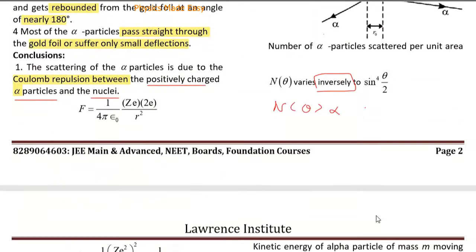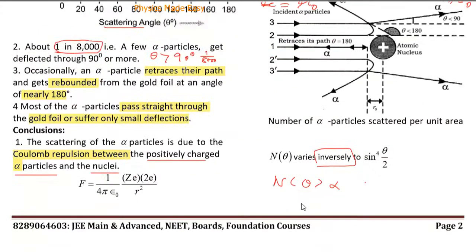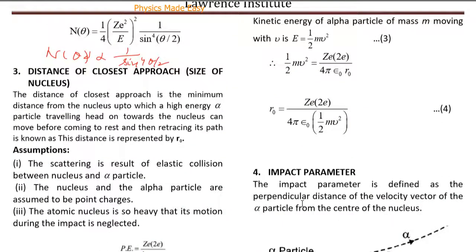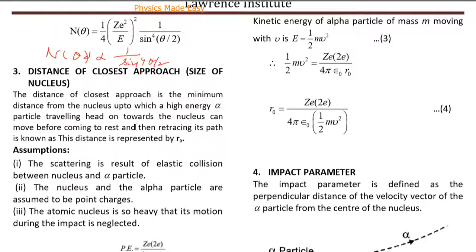Now, the number of particles scattered is inversely proportional to sine to the power 4 of theta by 2, where theta is the angle of scattering. Now the next thing that I shall be doing is the distance of closest approach, that is, we are trying to find the size of the nucleus.